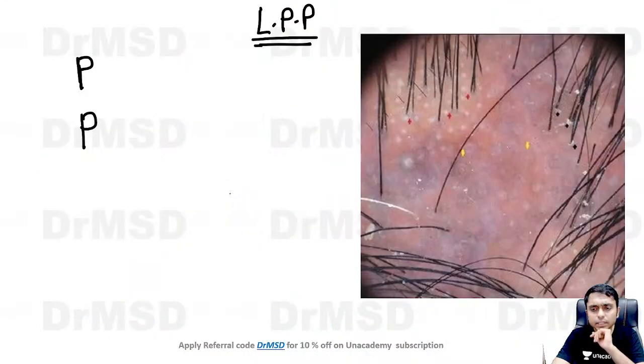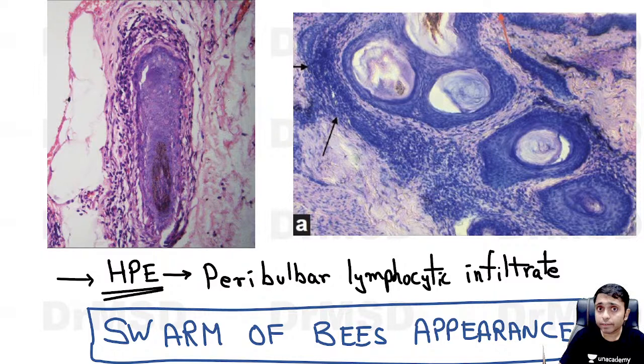And the reason for this is, if you observe near the hair follicle, the most proximal part, we can see a dense peribulbar lymphocytic infiltrate. This is a horizontal section of the skin at the level of the hair bulb.